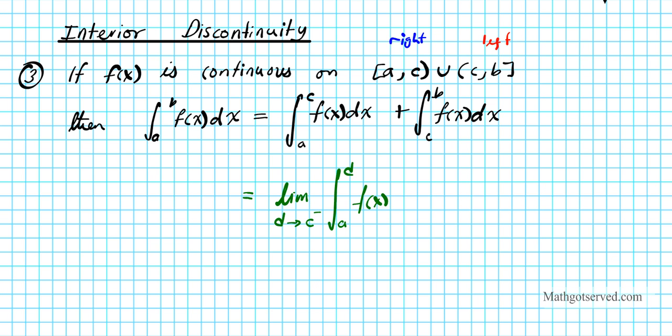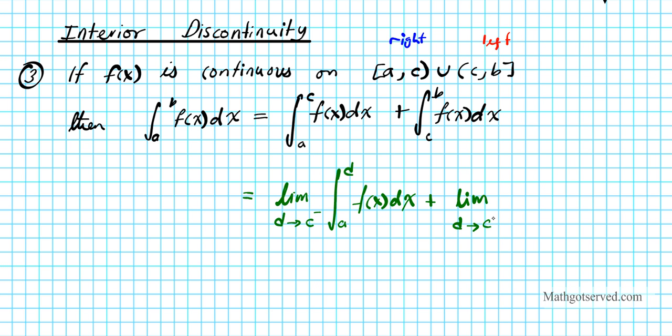This is applying the formula on the right endpoint that we talked about, plus, and then here I have to take a limit again, because in this case, the lower limit of integration is discontinuous. We have an infinite discontinuity there. So as d approaches, this is the lower bound or the left side, we're going to approach it from the right.